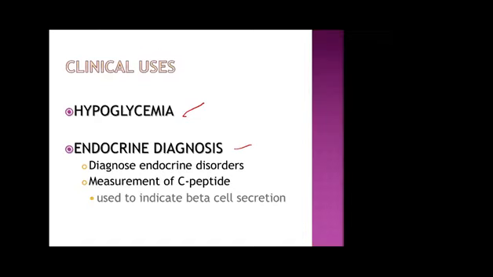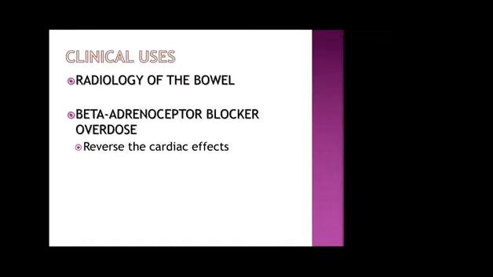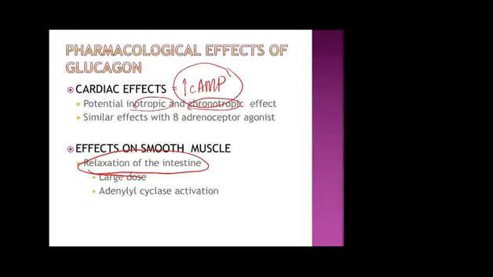Next, radiology of the bowel. When we want to check the patient's abdomen, especially the intestine, for example by x-ray, the intestines have to be relaxed for a clear view. So we can use glucagon, because its effect in the intestine is relaxation.